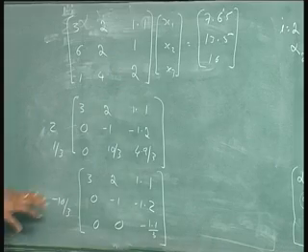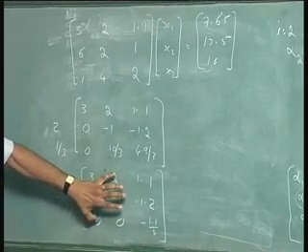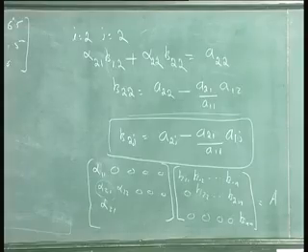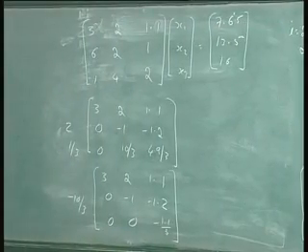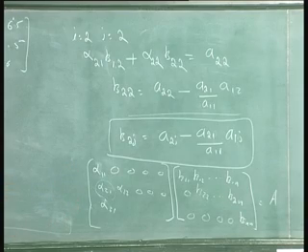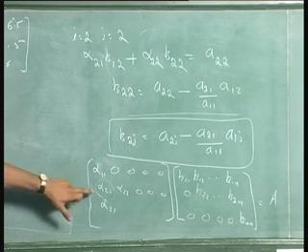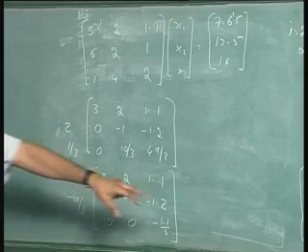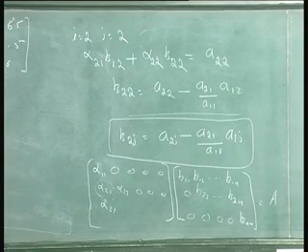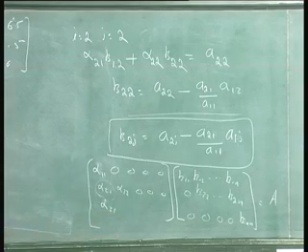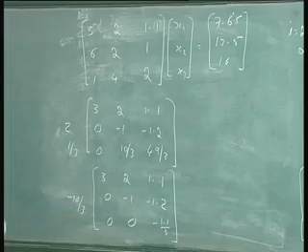My claim is that this is my beta matrix. So my beta matrix is exactly the same as this. What is my alpha matrix now? Alpha matrix has all the diagonal elements as 1, and alpha 2,1 would be just 2. Alpha 3,1 will be this 1 by 3, and alpha 3,2 would be minus 10 by 3. So that's the claim.